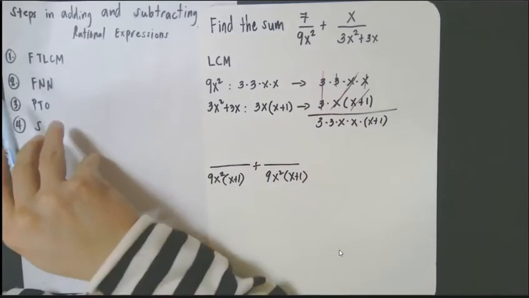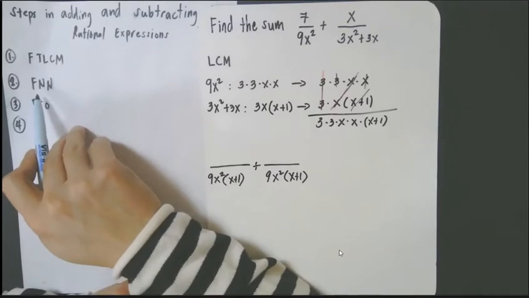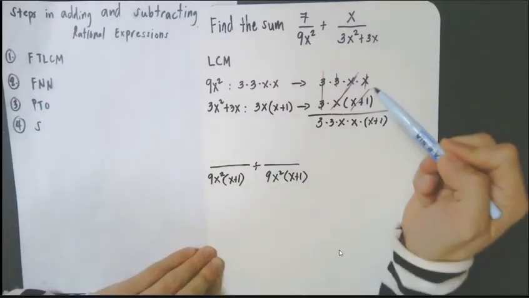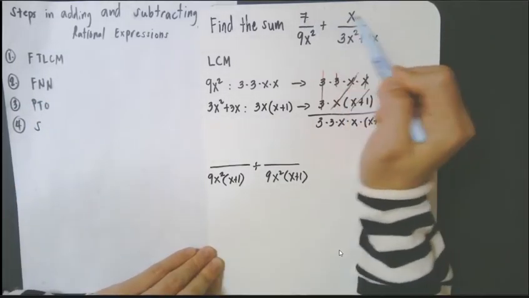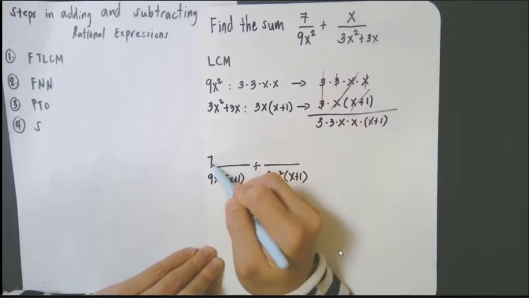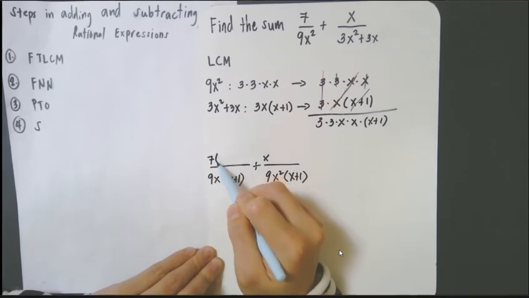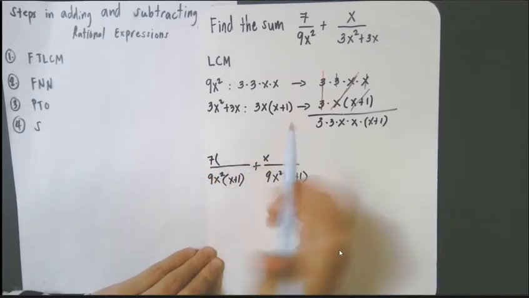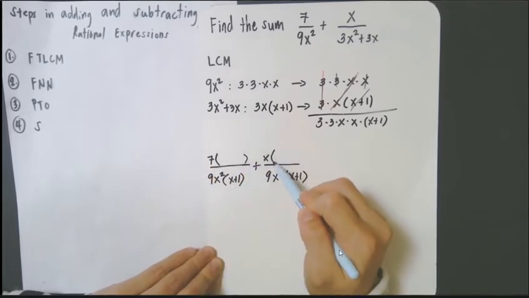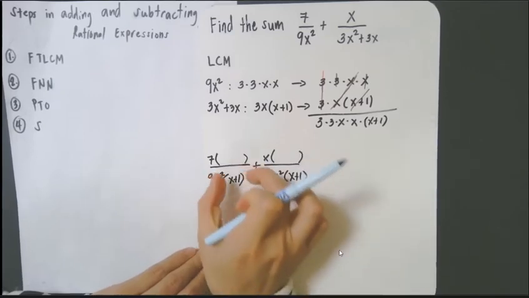Now, to do step 2, which is to find the new numerator, the first step will be to copy the old numerators. So you will copy 7 here and then x. Now we will multiply 7 by a factor as well as x by a factor. Now, how do we get that factor?